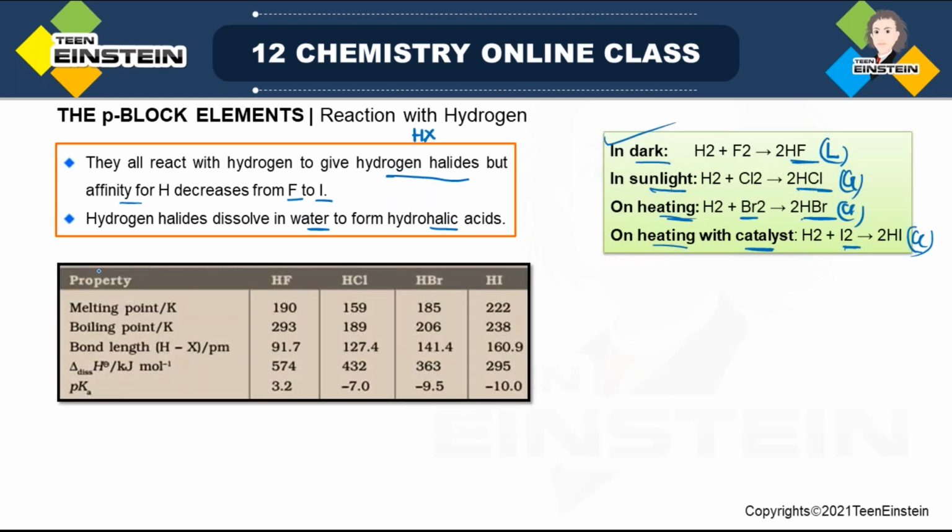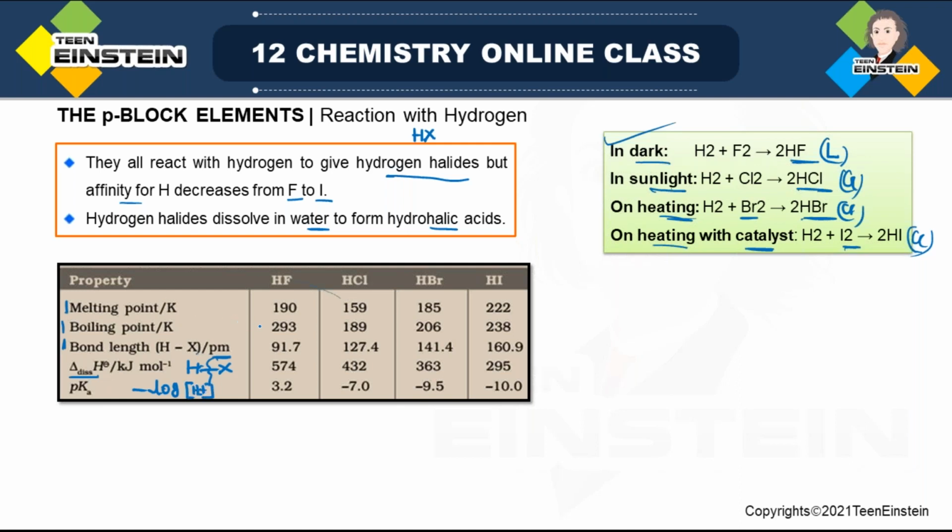Now here we have some properties: melting point in Kelvin, boiling point in Kelvin, then bond length of H and X in picometer, the enthalpy of dissociation of this bond, that is, if you are breaking the HX bond, the enthalpy change, and the pKa value.